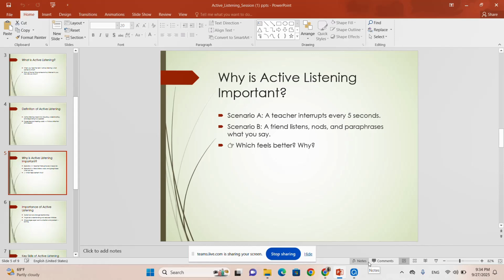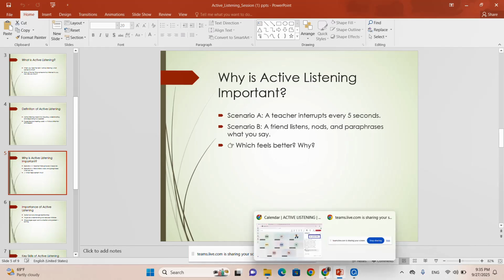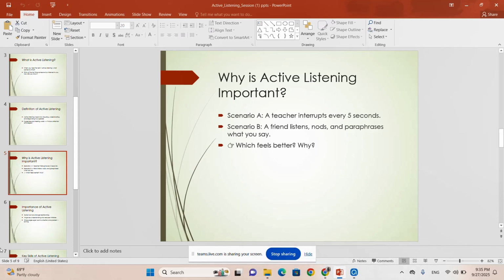Yes, that is correct. The second one shows the power of active listening, where it makes communication effective and makes the speaker feel respected, because the second person was listening and also paraphrasing what the speaker was saying. That is the power of active listening.